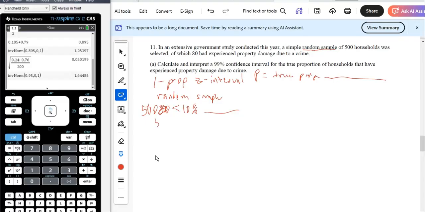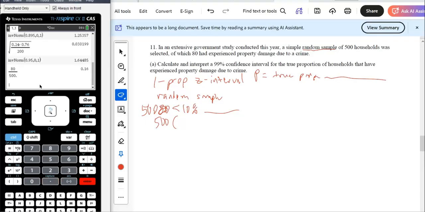You can say that 500 times, what is 80 divided by 500? 0.16, that's greater than or equal to 10, and 500 times 0.84 has to be greater than or equal to 10, and it certainly is for both. So it checks all the conditions, that's good.